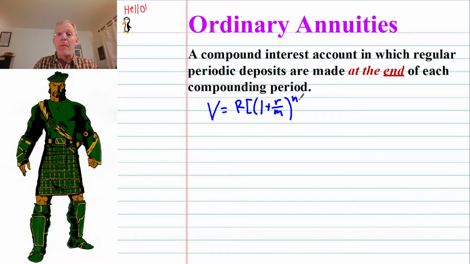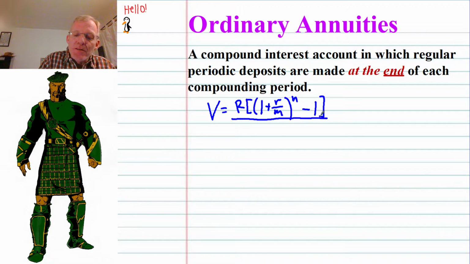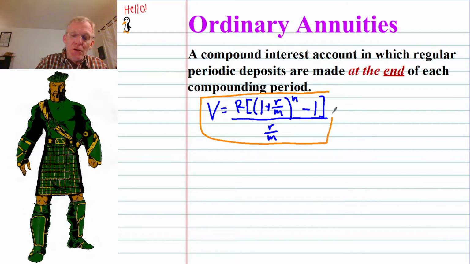Remember, that would be M times T, minus 1, and all of that is divided by the interest rate as a decimal again, divided by the number of times compounded. So this is our formula whenever we have an ordinary annuity.